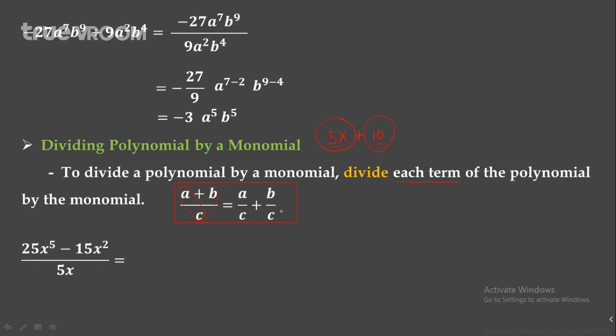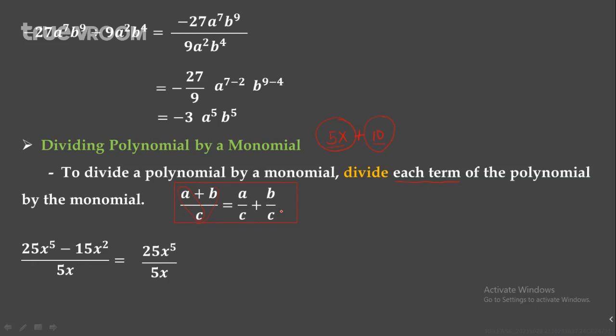What is our first term in the polynomial? 25x raised to 5. We are going to divide it by what? Divide by 5x. Yes, so divide by 5x.